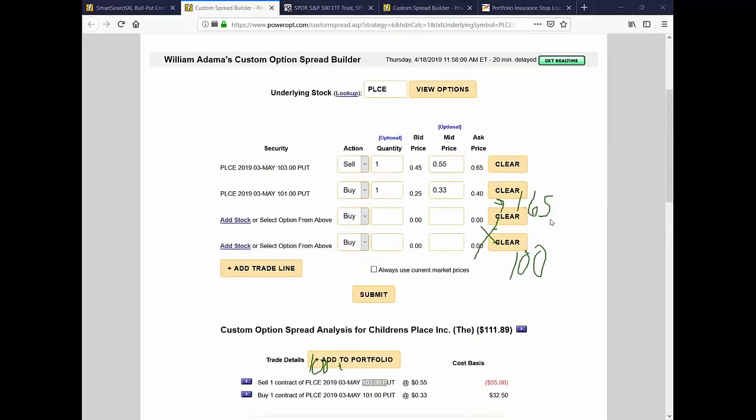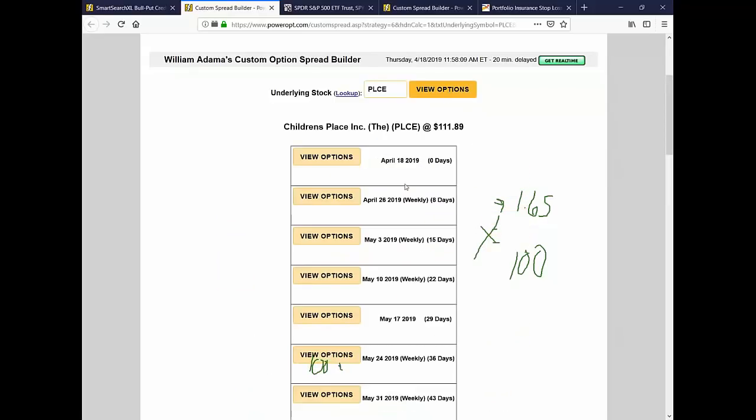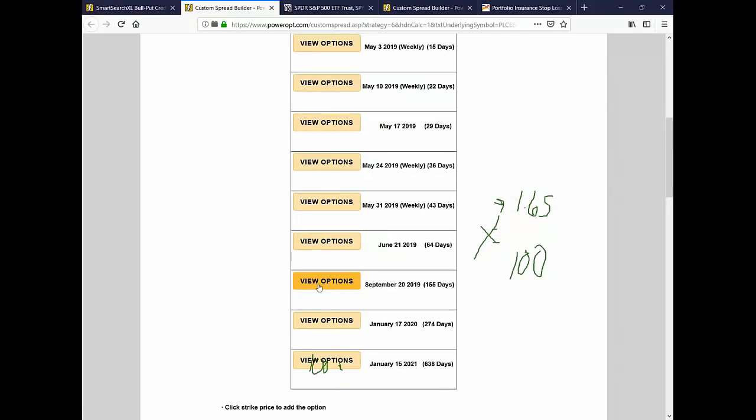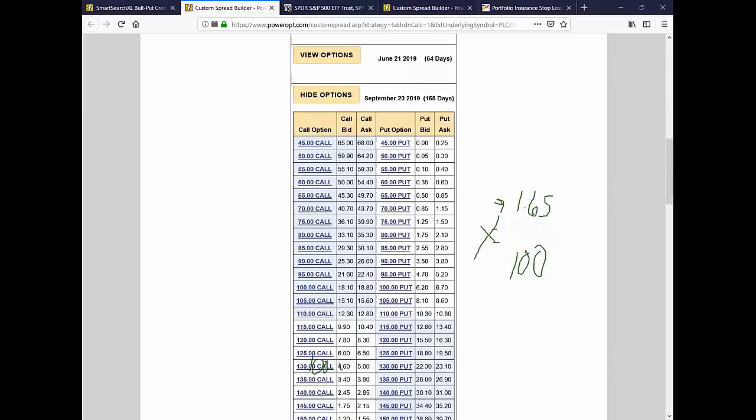Okay? How far out do we have to go to get at least $1.65 net credit on our next position, the one we're rolling to, to cover the loss so it can turn into a gain? At this point, we're probably going out to September.